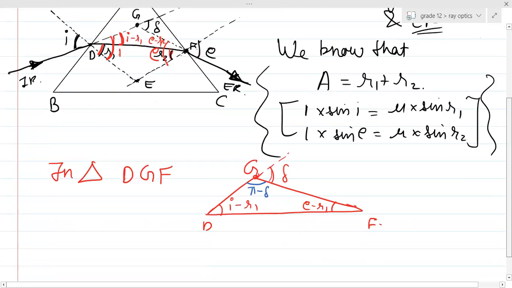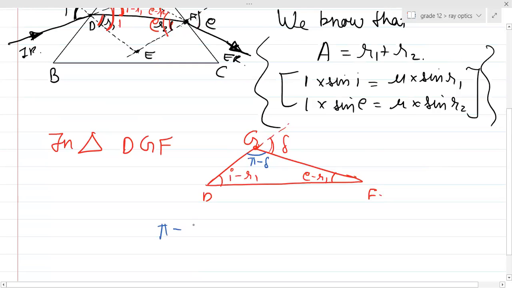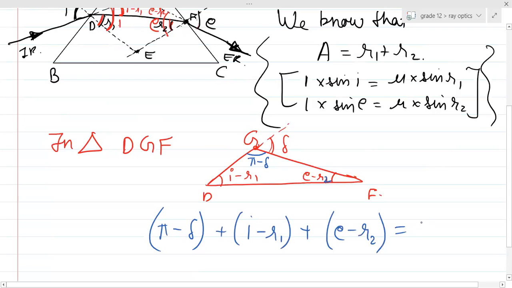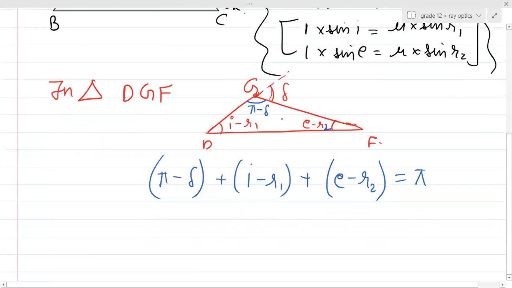Yes or no? Yes, sir. And from this triangle, can I write pi minus delta plus I minus R1 plus E minus R2 is equal to what? Pi only, 180. The sum of the three angles of a triangle is basically this. So can you see from here, pi and pi will get cancelled, delta will move to that side, so delta will be equal to I minus R1 plus E minus R2.